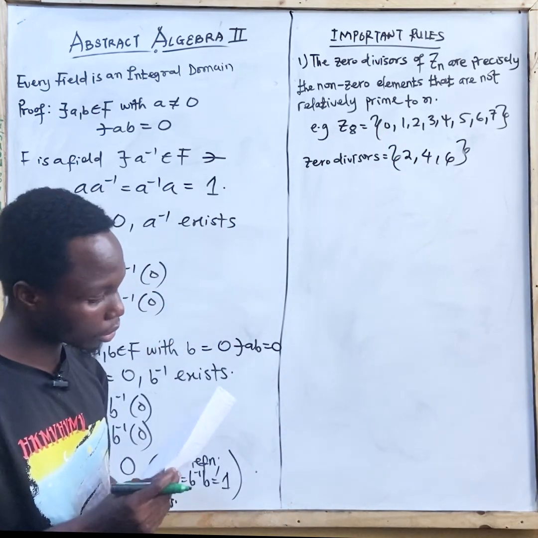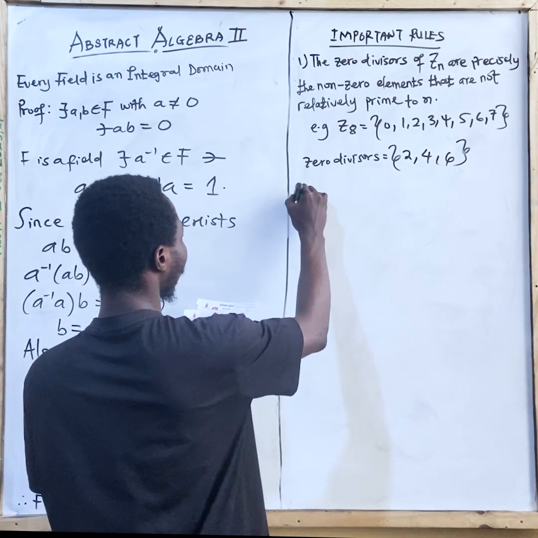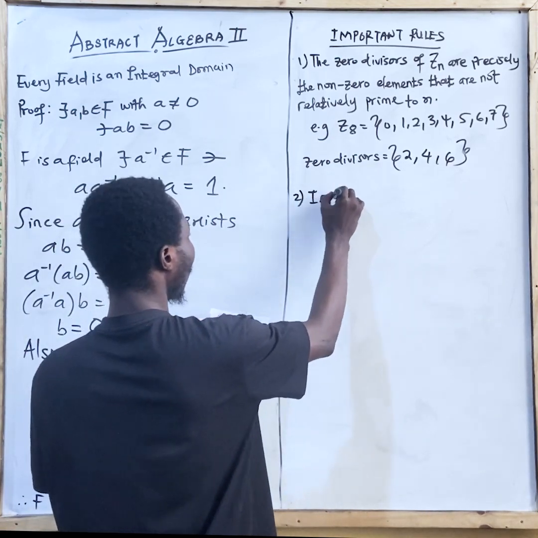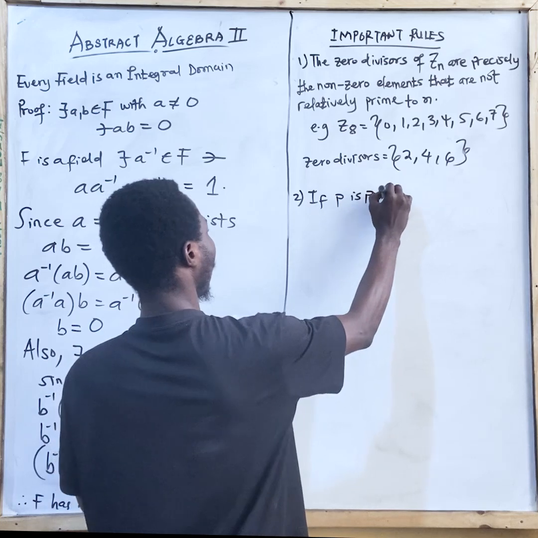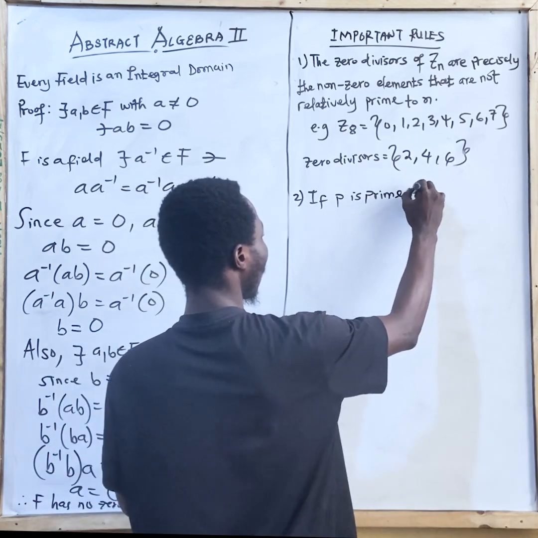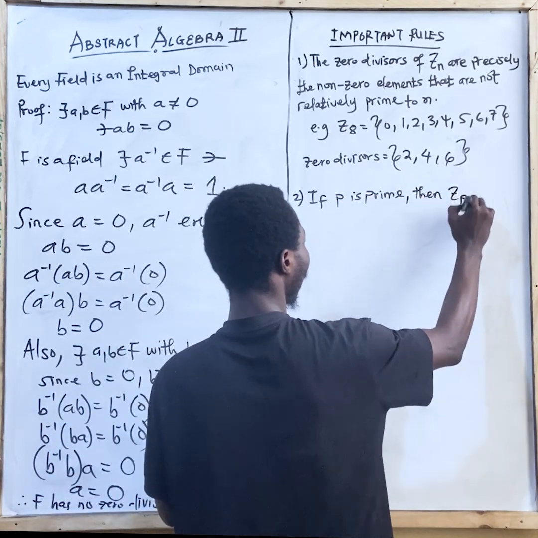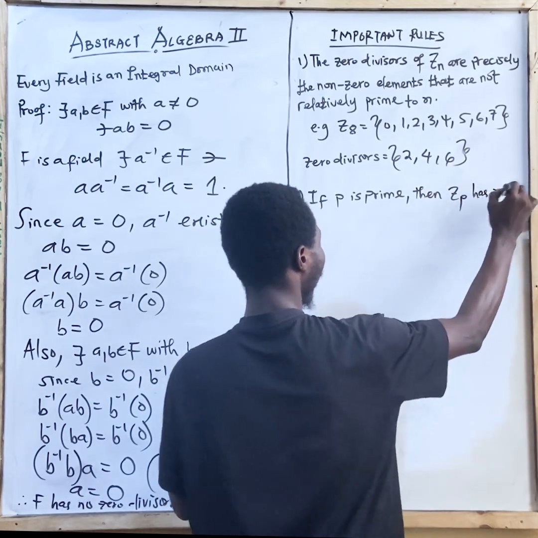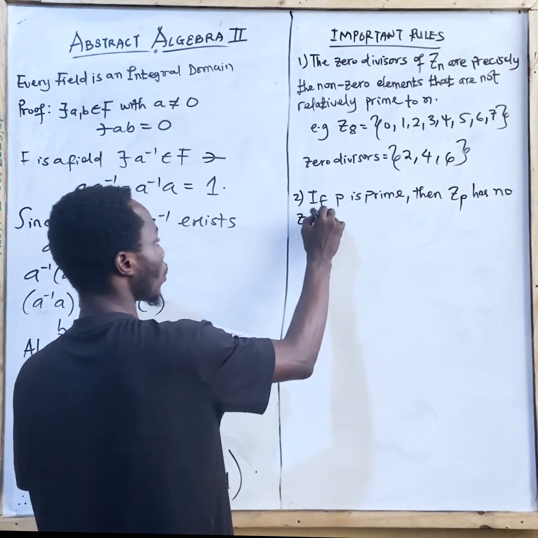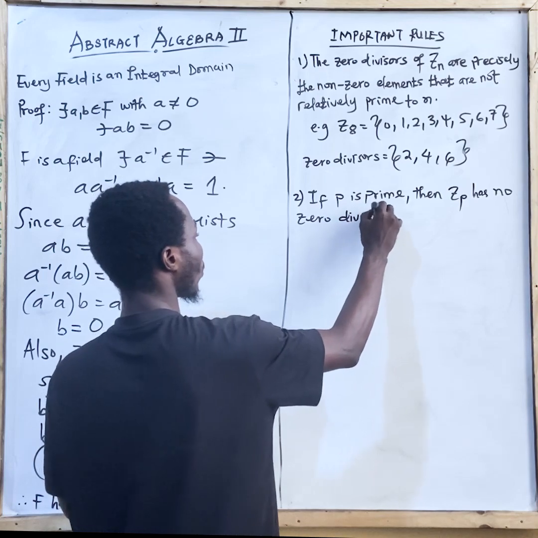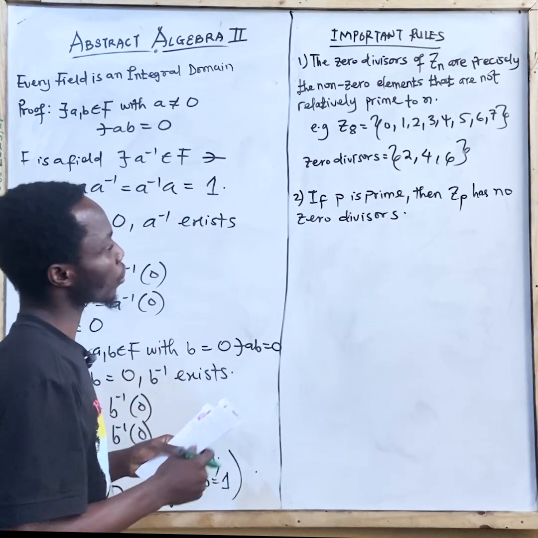So that's rule number 1. Number 2 says if P is prime, then ZP has no zero divisors.